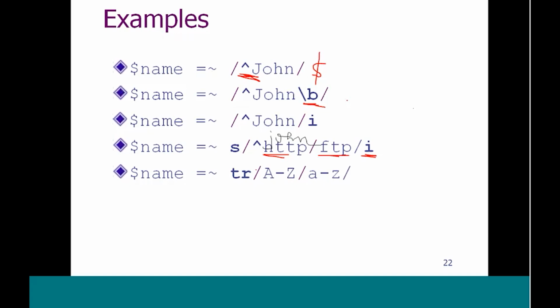And one more, let's look at this one. This is also a replacement. Can anyone tell me what is being replaced? If you look at the difference between this and this, here we call it TR, and on this side it's S. The S is for string replacement, which means we just replace exactly the same string with another string.